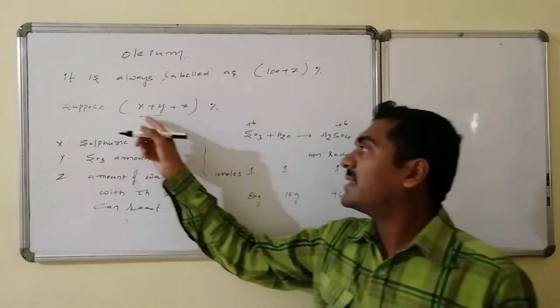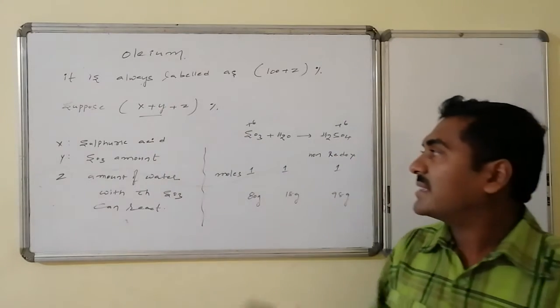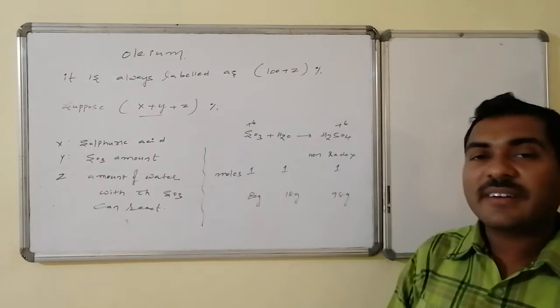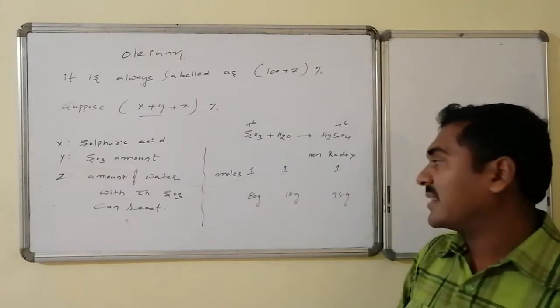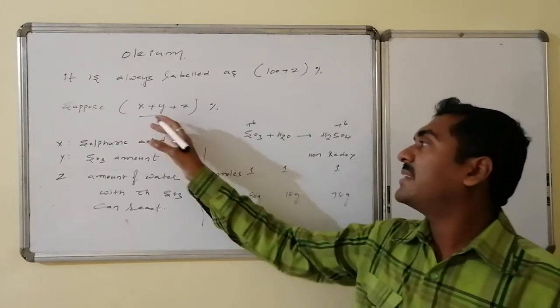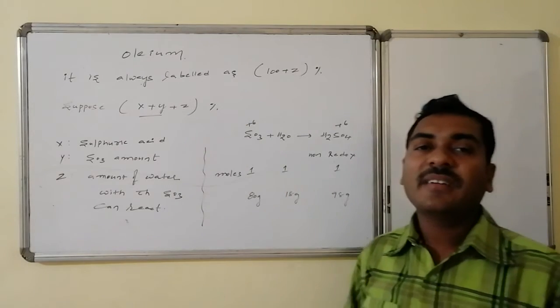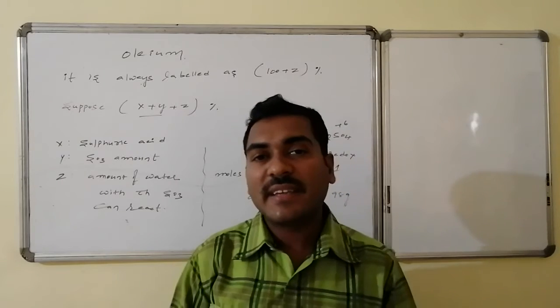If this is 20, then 100 minus 20 is 80. Thus x plus y is equal to 100, where y is equal to 100 minus x, and x is equal to 100 minus y. And what is the relation between y and z? If it is 80, this is 18. In that way, the relation between z, y as well as x is present.